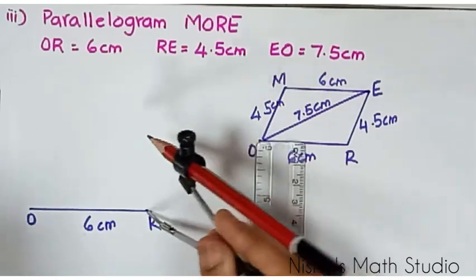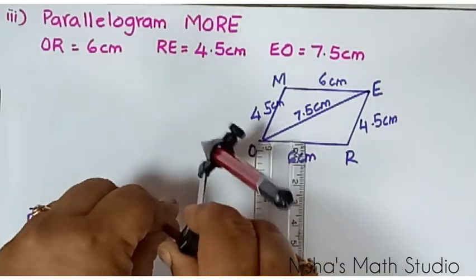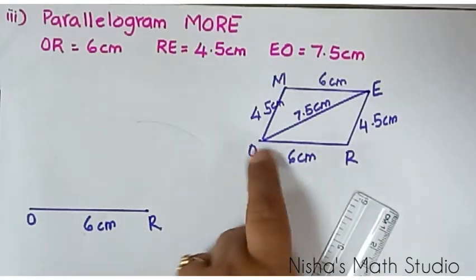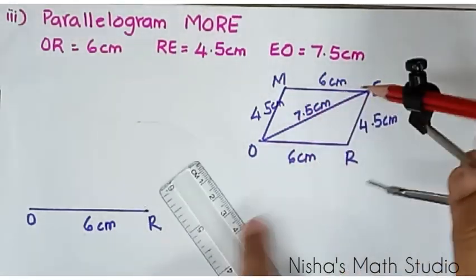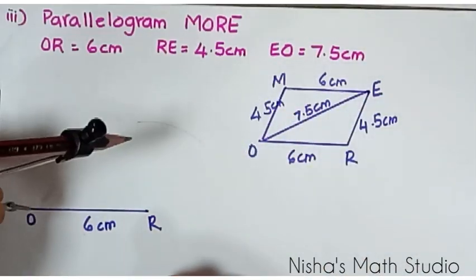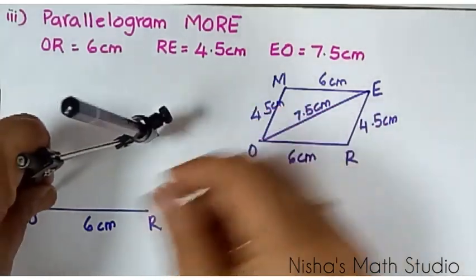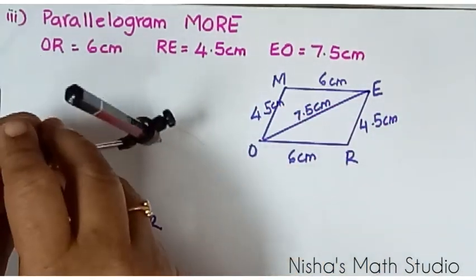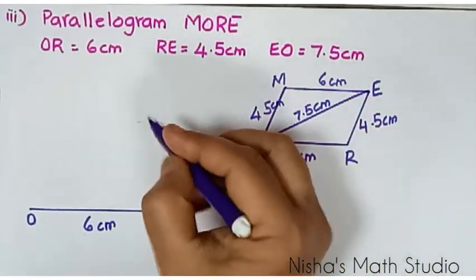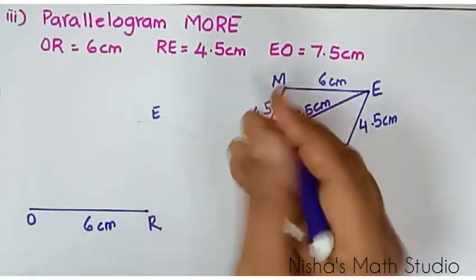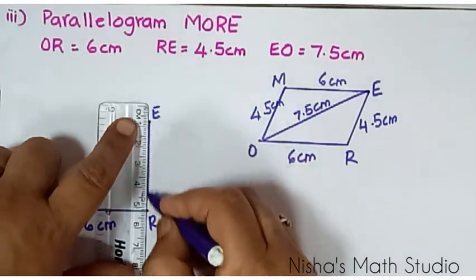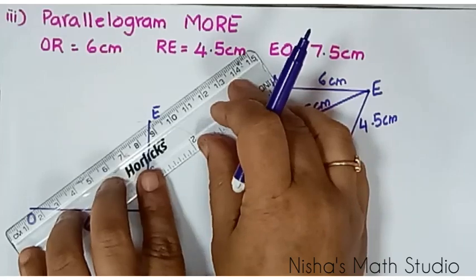Keeping R as the center, draw the arc. Now with O as center, I have to draw one more arc whose length is 7.5. With O as center, draw the arc so that it will cut the previous arc. This intersecting point is E. Now join RE and OE.